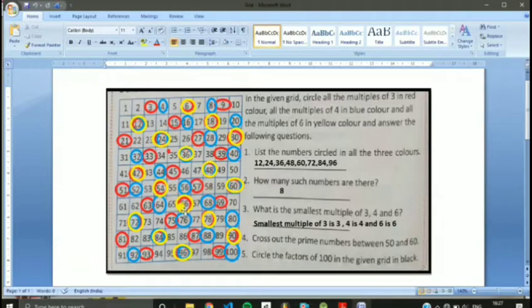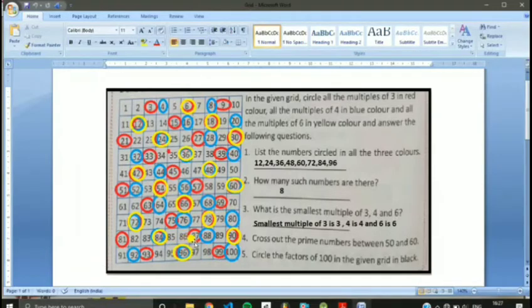After jumping 3 numbers, 66. Next, after jumping 3 numbers, 69. Next, 72. After jumping 3 more numbers, it is 75. Further moving 3 more numbers, it is 78. Then 81. Again moving 3 more numbers, it is 84. You can see a red color strip here.